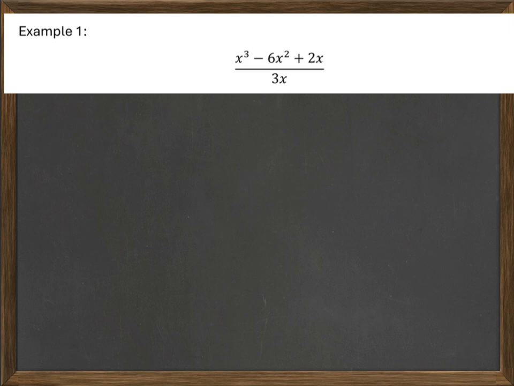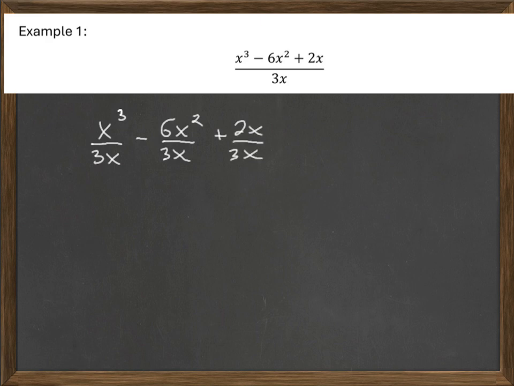So let's start with this first example. So we have x cubed minus x squared plus 2x all divided by 3x. So, as you might guess from the previous examples, we are going to rewrite this as 3 separate fractions. So we have x cubed divided by 3x minus 6x squared divided by 3x plus 2x divided by 3x.